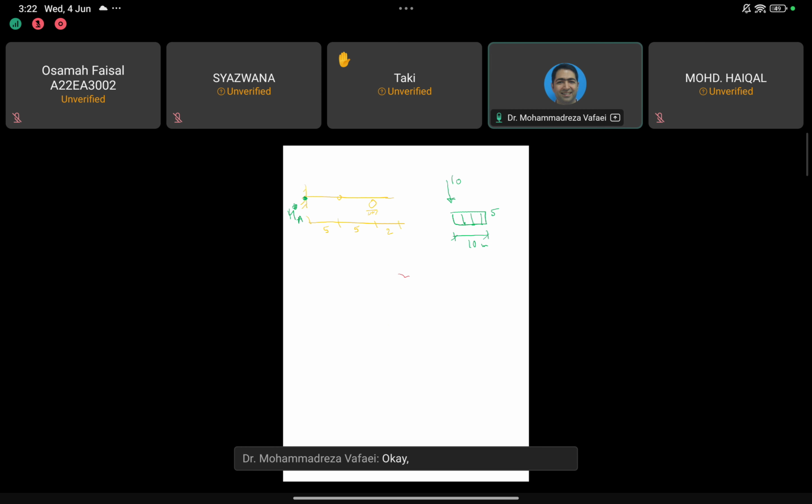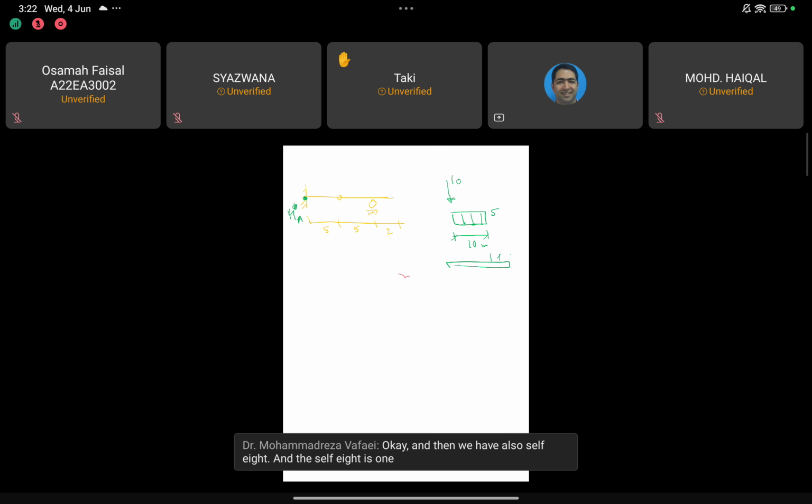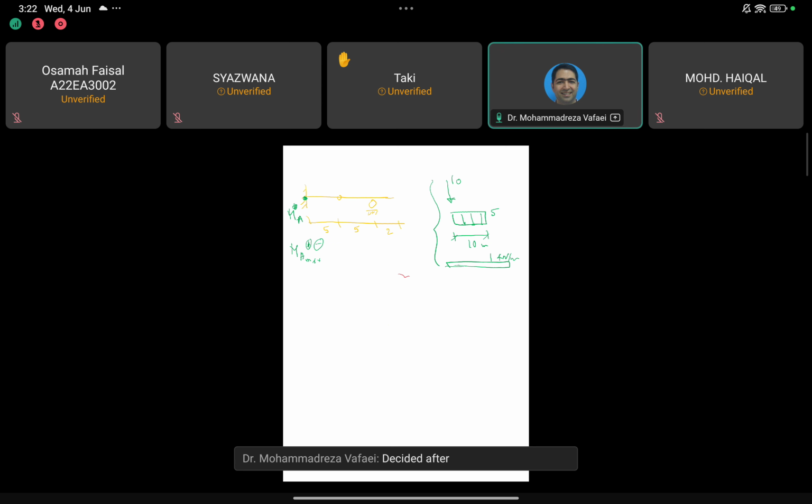Okay, and then we also have self-weight, which is 1 kilonewton per meter, and it is applied all over your span. So under these 3 loads, we want to know how much MA max is. The positive or negative sign can only be decided after we select the location of the load and see whether it can take positive and negative or not.